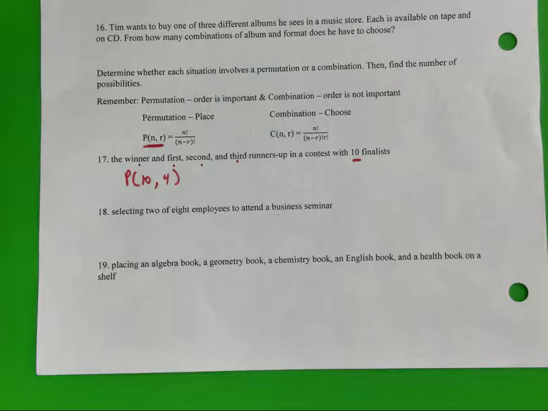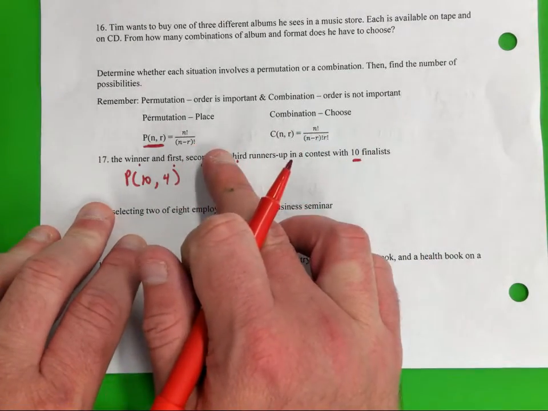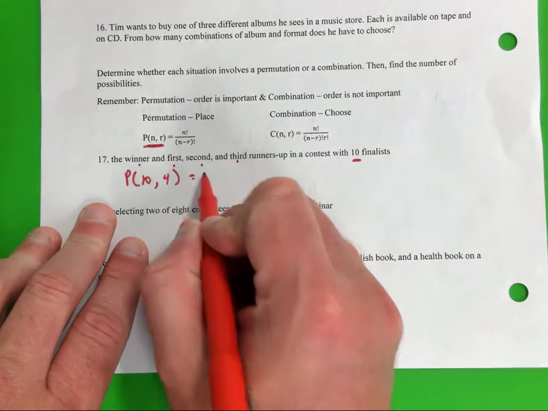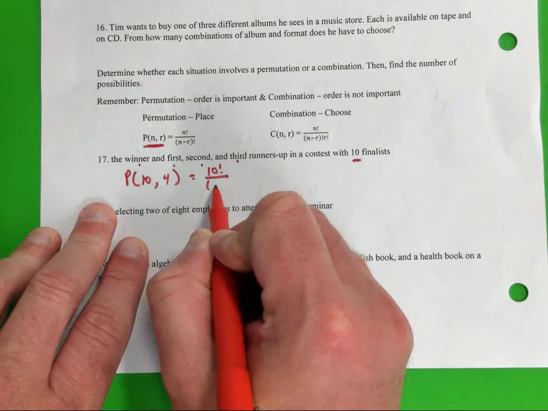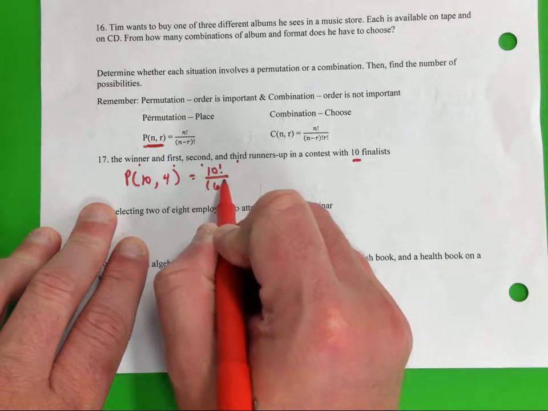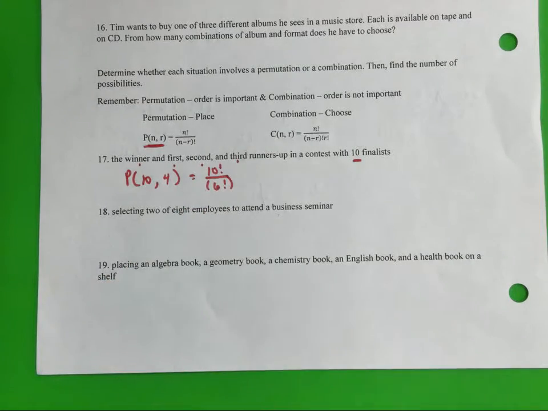Now, when I follow this formula, I will give you this formula. N is your total number, so I've got 10 factorial over 10 minus 4, which is 6 factorial. 10 minus 4 is 6. Now when we work this out, do I have to go all the way down to 1?